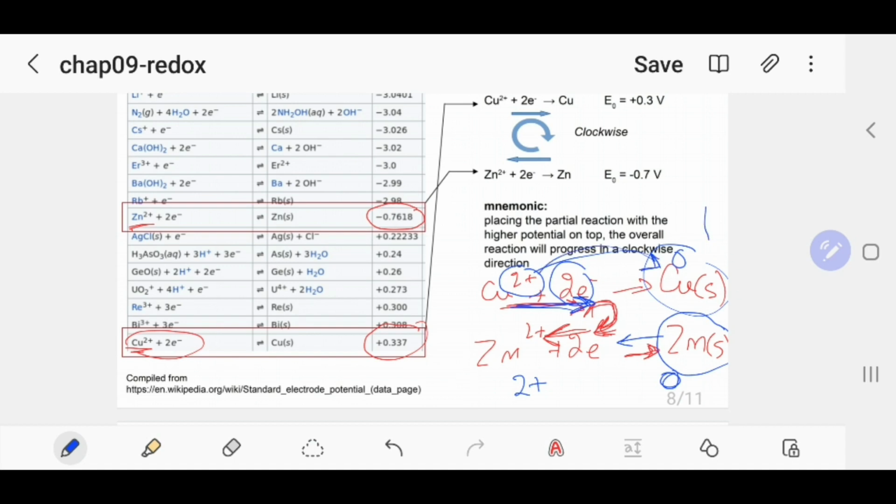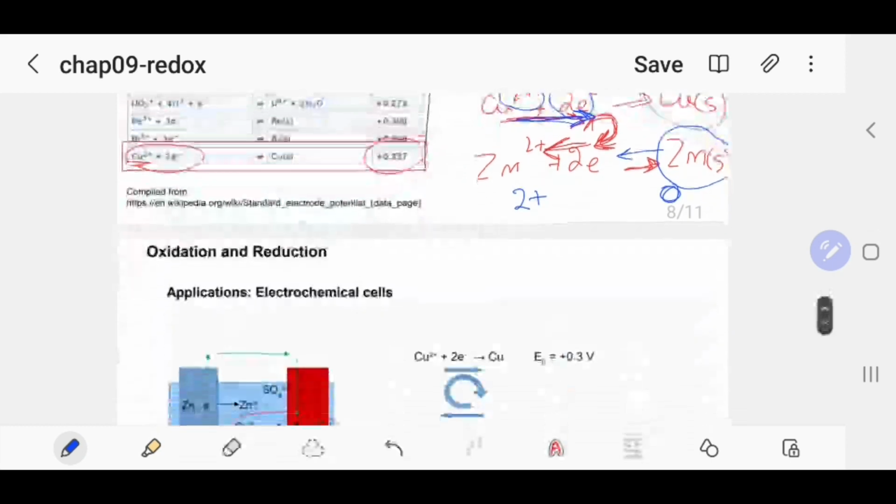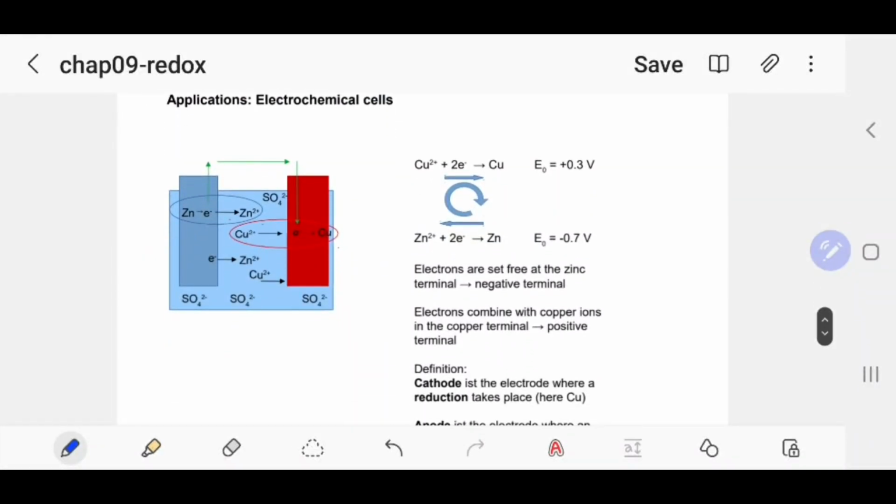So if we go back to our cell here, the copper ion is receiving the electrons and depositing on the copper metal, which is the positive terminal, because it's receiving the electrons.